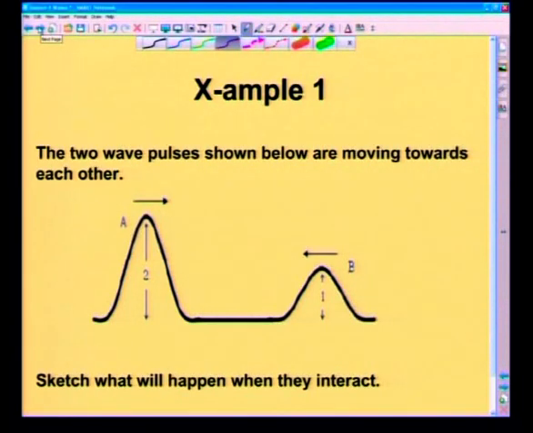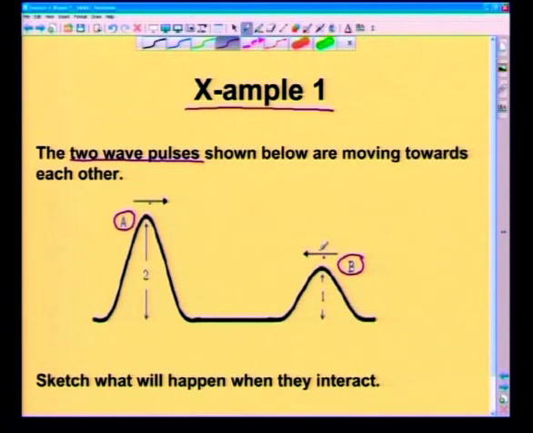Let's look at this one, and we're calling it example 1. Now it is on interference. We have got 2 wave pulses. The first one is A, the second pulse is B. A is moving in the direction right, as shown, and B is moving in the direction left.